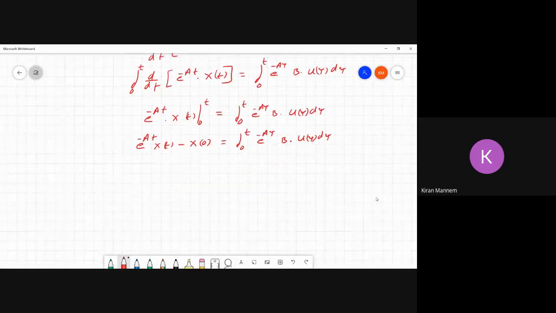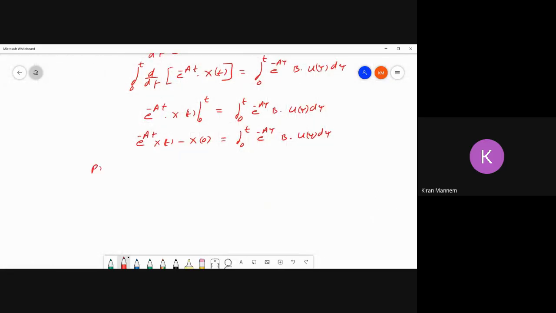Right. So again pre-multiplying by e power at, this becomes x of t equal to e power at into x of 0 plus integral 0 to t e power A into t minus tau B into u of tau d tau.